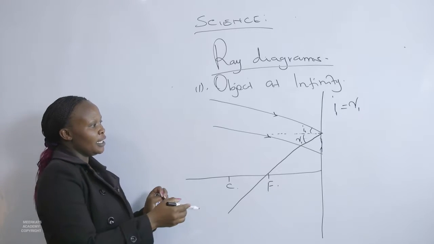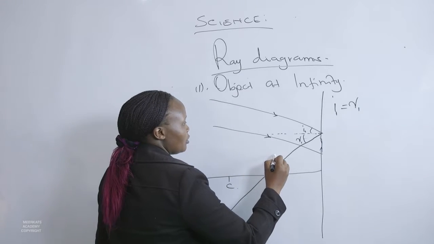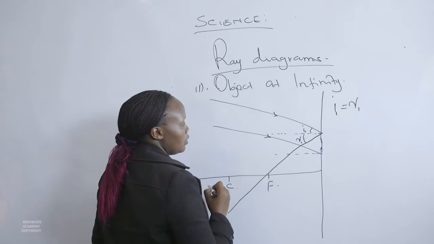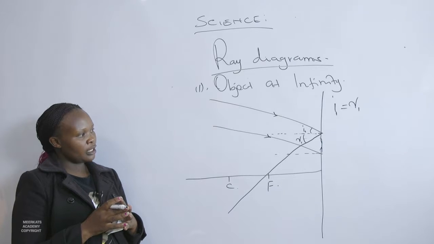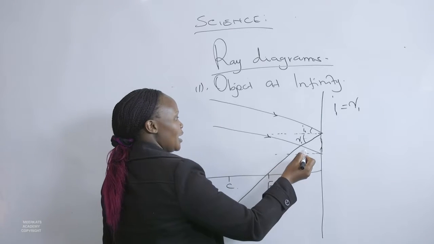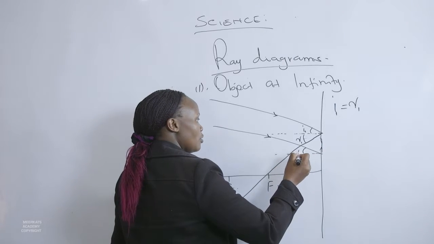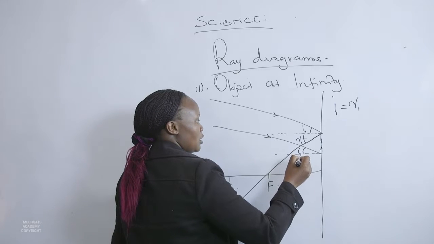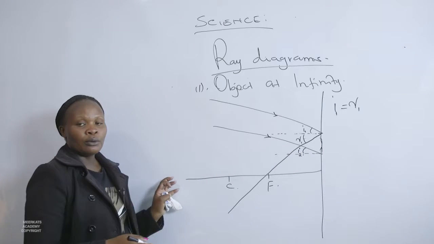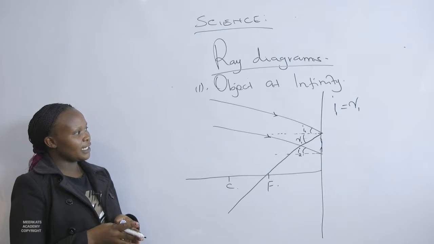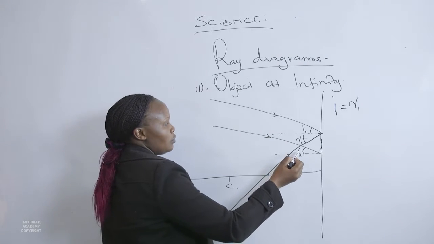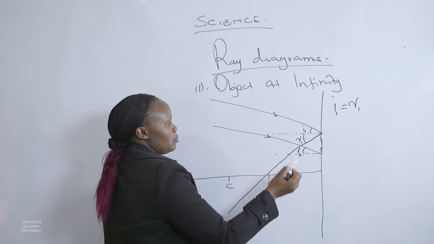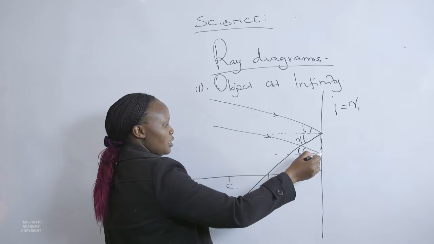Now again, if we had a normal here for our second ray, we have I2, which is the angle of incidence number 2. We also need to reflect our ray in such a way that the angle of reflection will be equal to the angle of incidence.